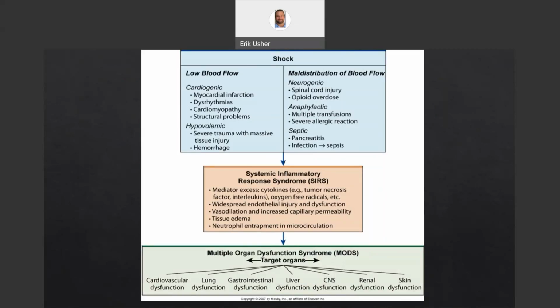Again, looking at this, talking just about shock here, low blood flow, maldistribution of blood flow, so cardiogenic, hypovolemic, neurogenic, anaphylactic.